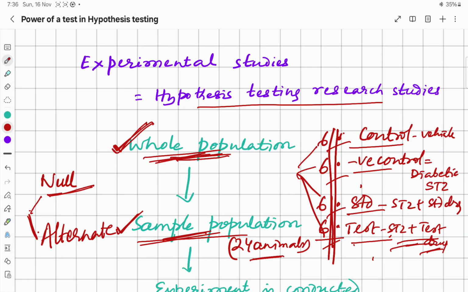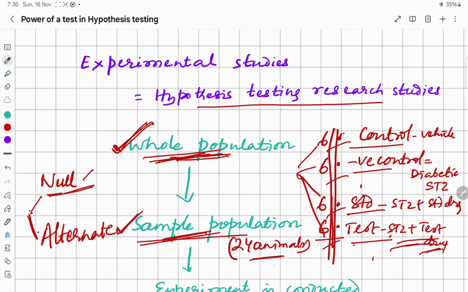It is not possible to do the experiment on the whole population, so we take a sample population and we assume that the parameter, the mean of the whole population, is the same as that of the sample population. There is no difference. That is called the null hypothesis. And if we assume that there is a difference between the mean of the whole population and the sample population, that is called the alternate hypothesis.